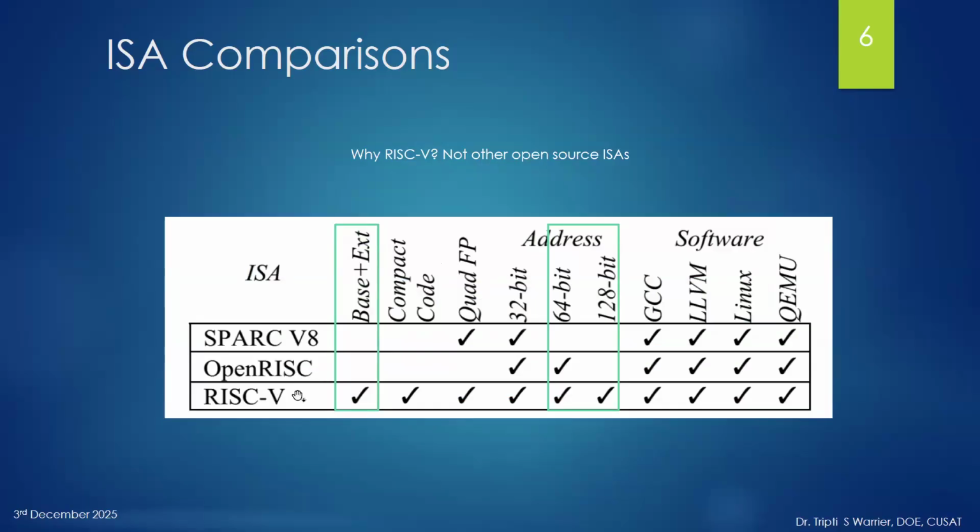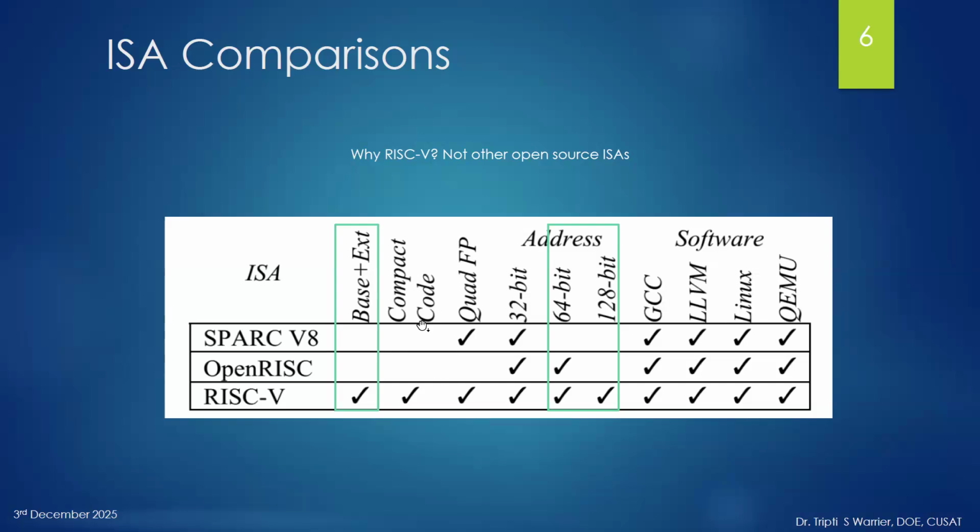SPARC V8, OpenRISC, and RISC-V are very popular ISAs. The concept of base plus extension is available in RISC-V, whereas for SPARC and OpenRISC, the ISAs are fixed. So you have a design with the entire instruction set, or you don't have a design at all. That's how it will be.